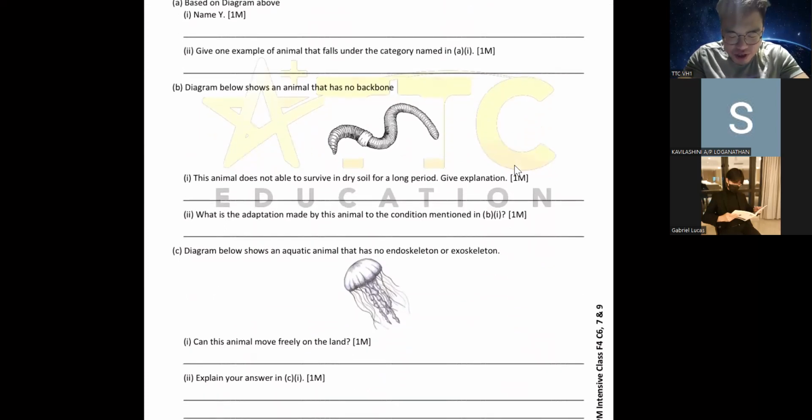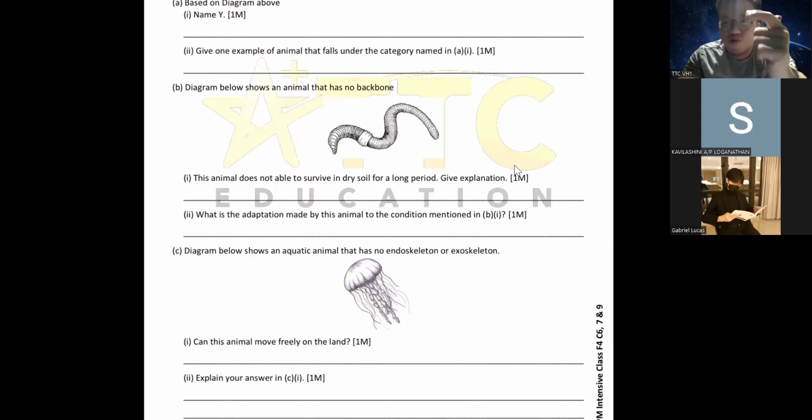Okay, so B. This one has no backbone, so it is not able to survive when dry. Give an explanation. You can say this animal uses a hydrostatic skeleton, or this animal requires water for support.